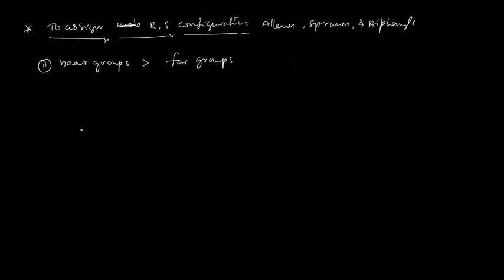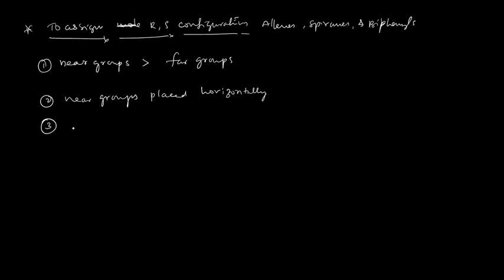Same as the Fischer projection formula, near groups are placed horizontally, as in the Newman projection formula, same as what we discussed in other examples.